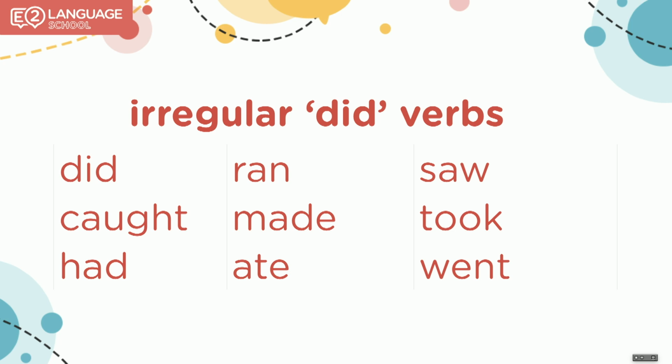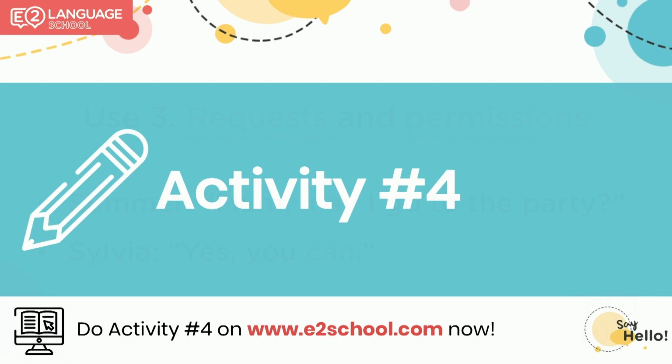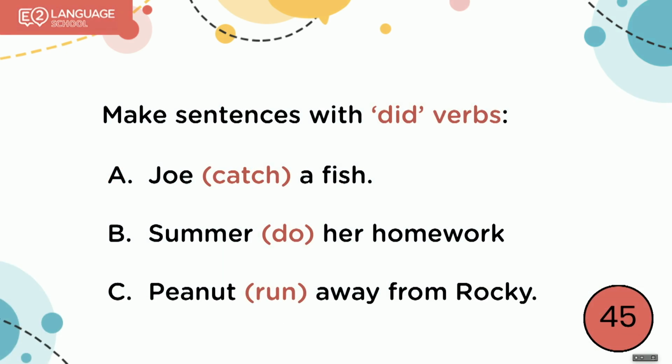Whoa, they changed completely. Let's do activity 4 on e2school.com. What I want you to do is to make sentences with the irregular did verbs.